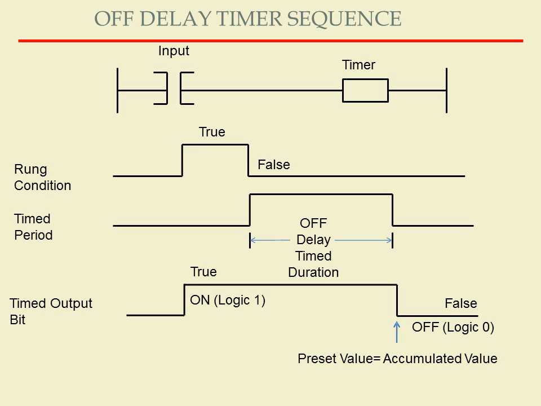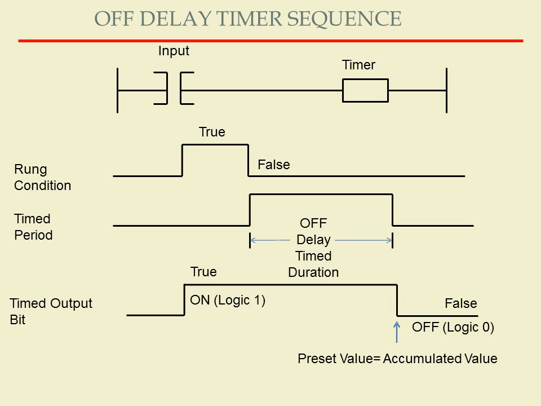Next, it continues to be 1 when rung condition is false and time period is on. So timed output bit will be 1 until the off delay timer is running.